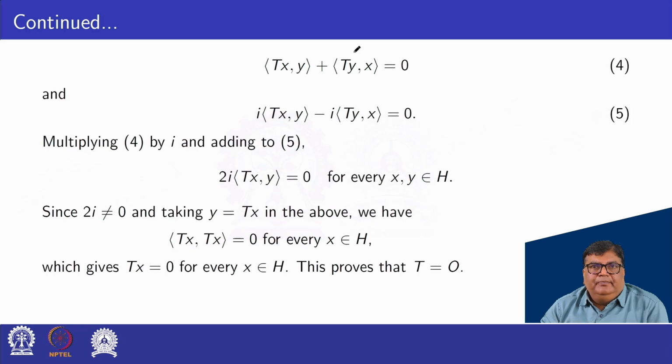So alpha i bar, that is i bar is minus i. So multiplying 4 by i and adding to equation 5, we get 2i into inner product of Tx, y equal to 0 for every x, y belonging to H. Since 2i is not equal to 0, taking y is equal to Tx, we have inner product of Tx and Tx is equal to 0.